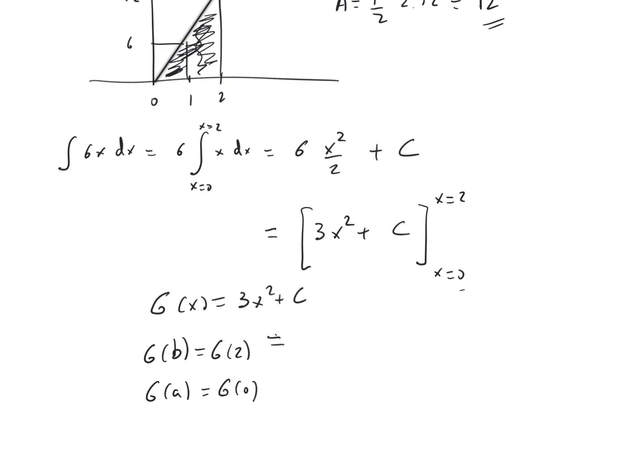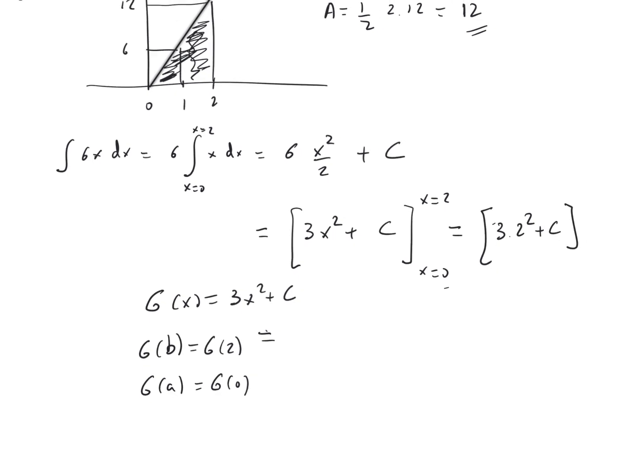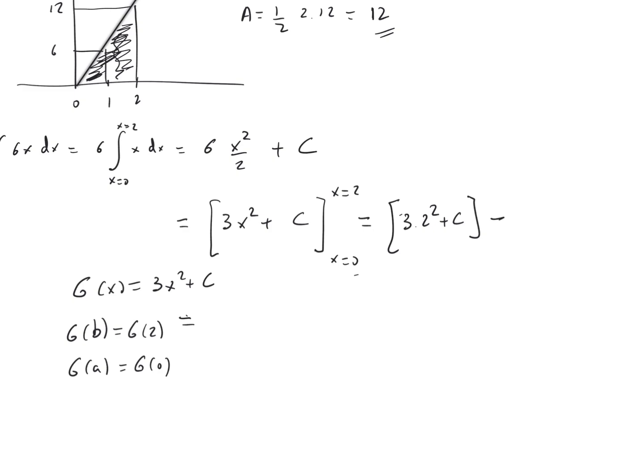So this is equal to g of b, 3 times 2 squared plus c, minus g of a, which is 3 times 0 squared plus c. Now you see the c will cancel. So I have 2 squared is 4, 4 by 3 is 12.